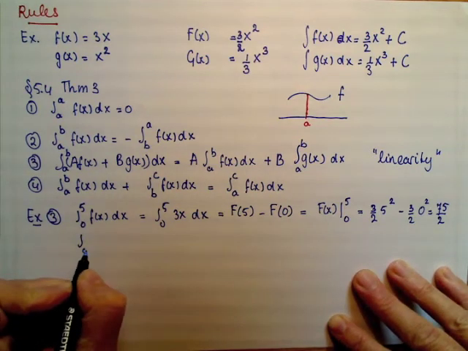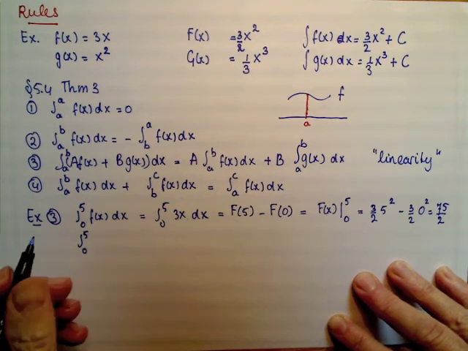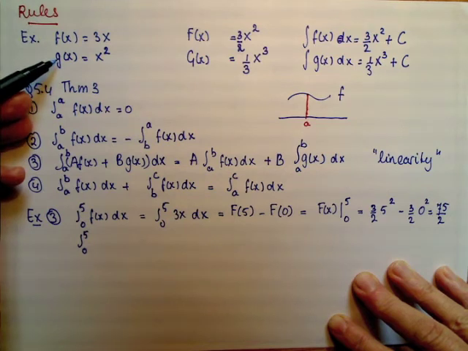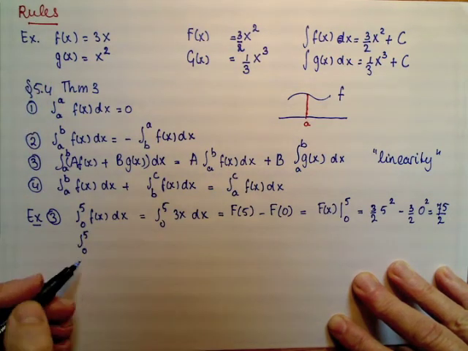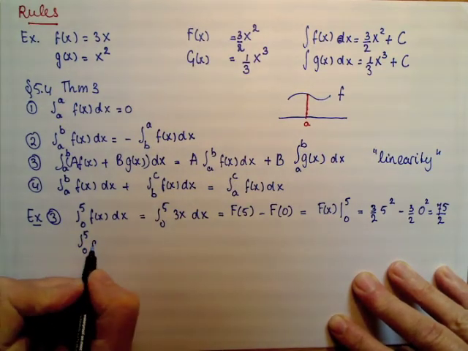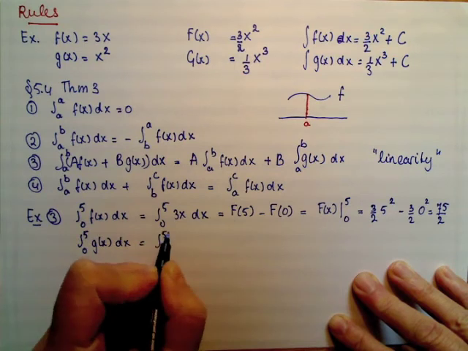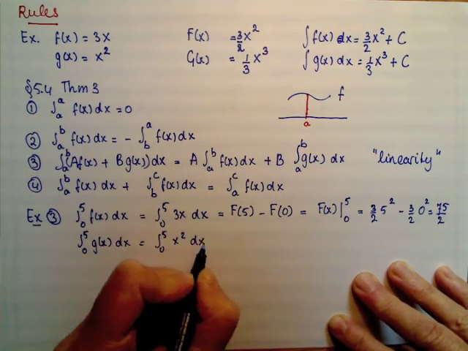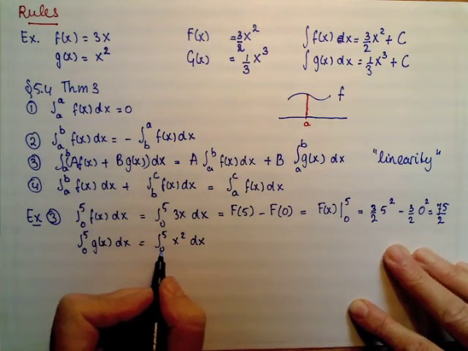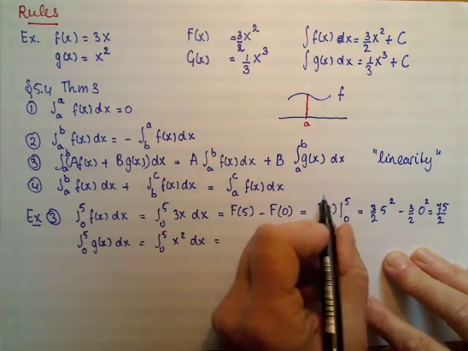Now if we compute the integral over the function little g between the same values of little a and little b, then what we get is the following. So we have to calculate the integral of x squared between the values 0 and 5. Now we will write this in this form.